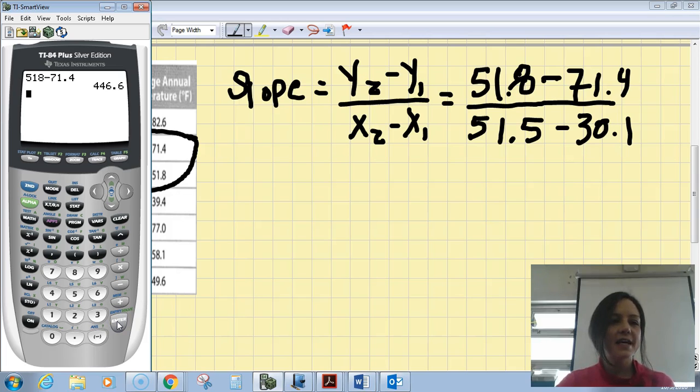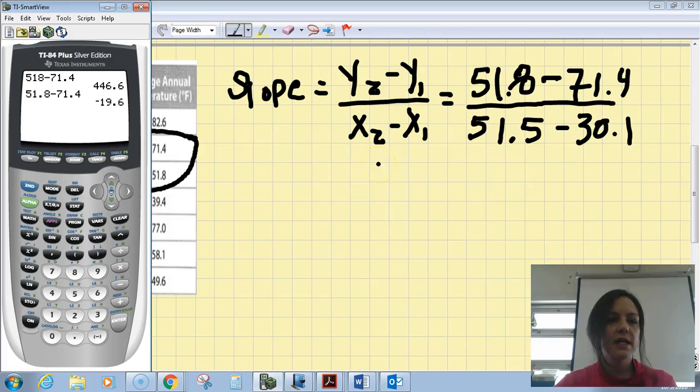I think I can just move the decimal one place there. Let's just go back and enter that point in. Negative 19.6. Oh, so I was wrong anyway. See, good thing I didn't do that.